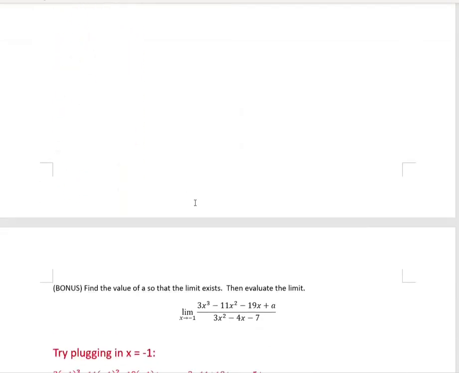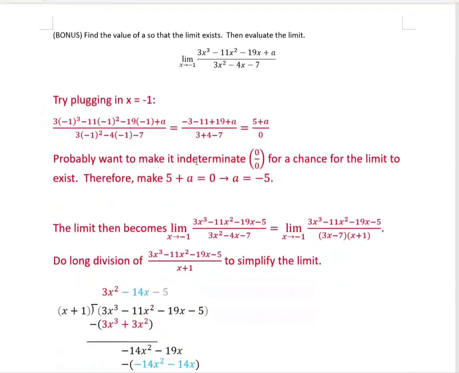Okay. And this is a bonus question that this teacher gave. Find the value of a so that the limit exists, then evaluate the limits. Okay, so what I immediately thought was, well, let's try plugging in x is negative 1, as usual. When we get that, we get 5 plus a over 0.